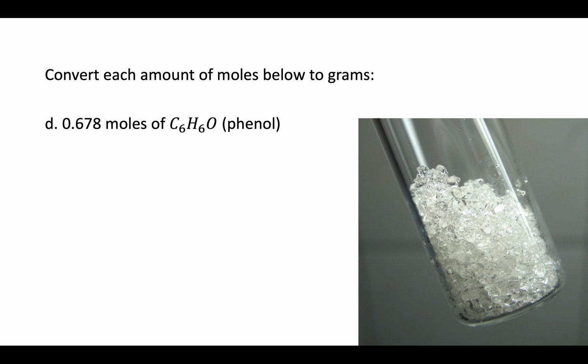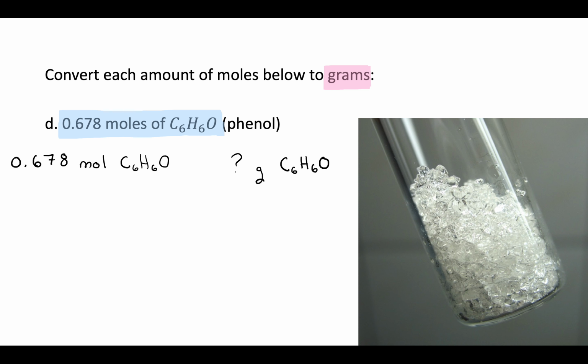All right, here it says convert each amount of moles to grams, and they give us 0.678 moles of phenol, C6H6O. So what units are they asking for? Grams of phenol, C6H6O. And what number do they give us? 0.678 moles of phenol, C6H6O.